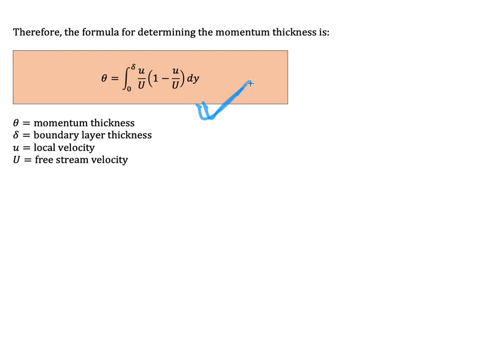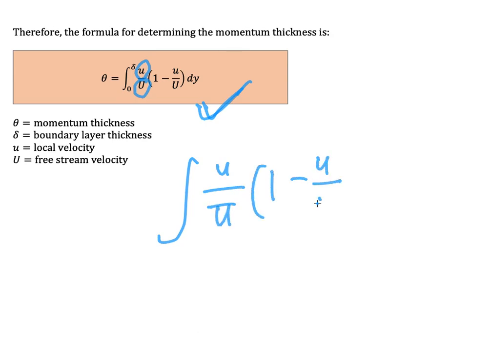Here please be careful because the small u and the capital U are two different items, so you cannot cancel them. Please make sure in your handwriting, normally I will write u over U bar like this one and 1 minus u over U, just to differentiate the small and the capital U.